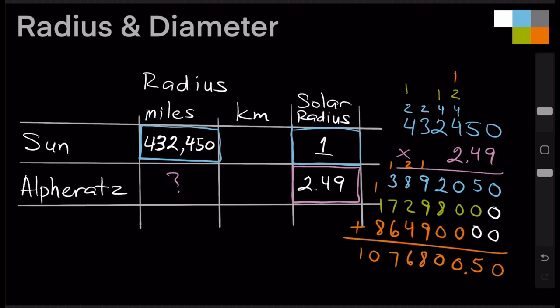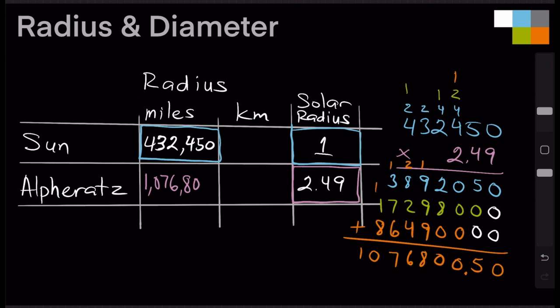Don't forget your decimal. And now we know the answer for the radius in miles for the star Alpheratz. Alpheratz is 1,076,800 miles.